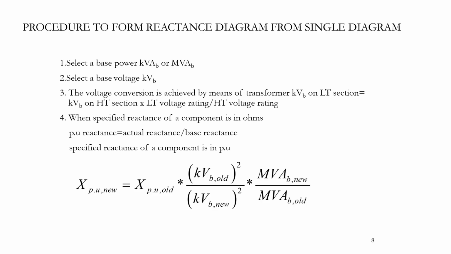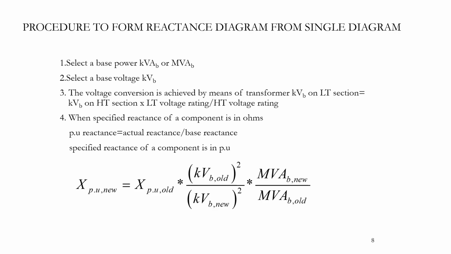The LT section voltage is nothing but the base voltage kVb on the HT section, into the LT rating divided by the HT rating. So we should know the ratings of the transformer, and based on that, decide the kVb on the LT side.